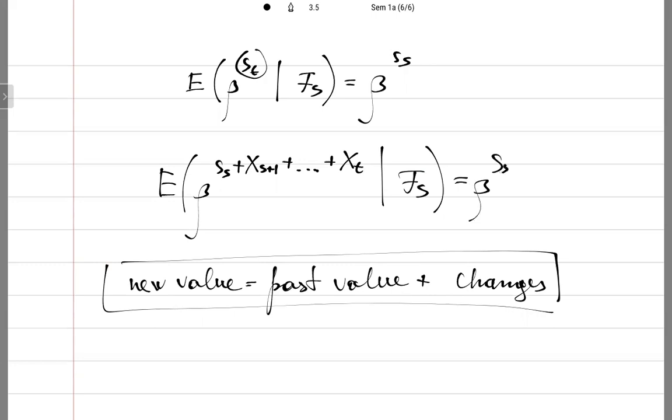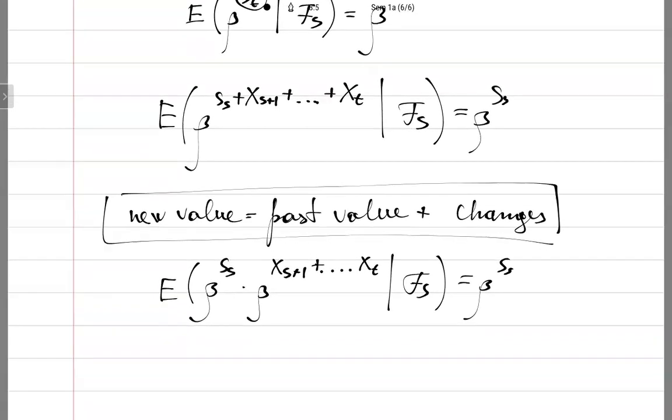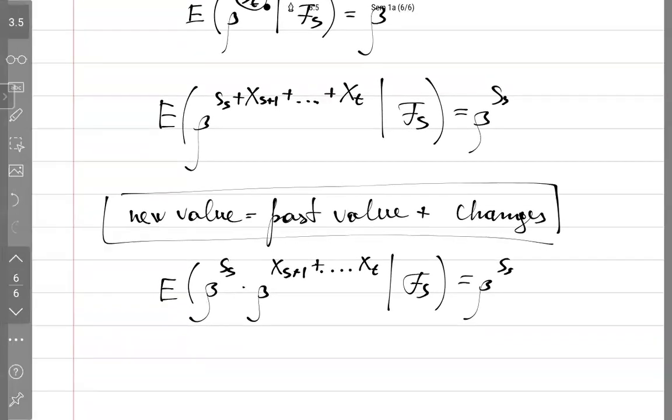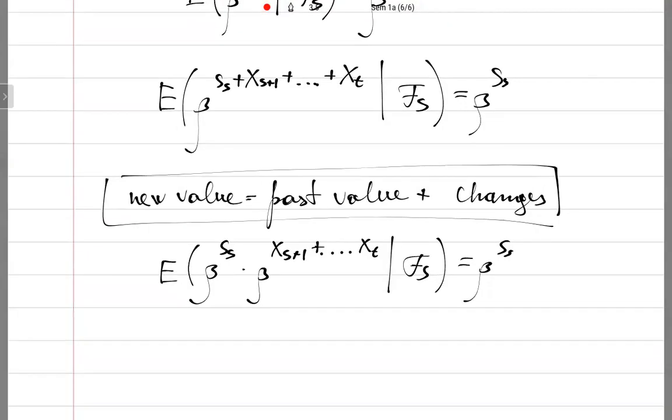So I can write it as beta to the power S_s times beta to the power of the changes X_{s+1} through X_t, given F_s. Once again, I have two extreme cases for the properties of a conditional expected value.